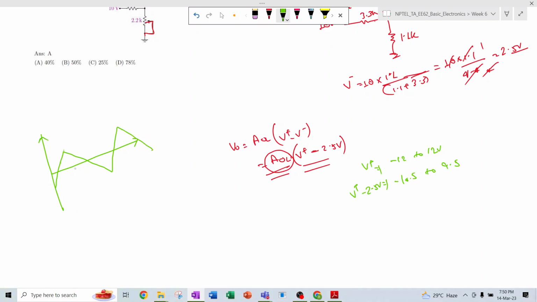So it is like this. Here this will be 9.5 and this will be minus 14.5, and earlier it was like this.